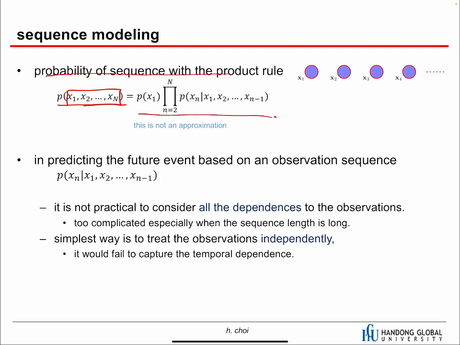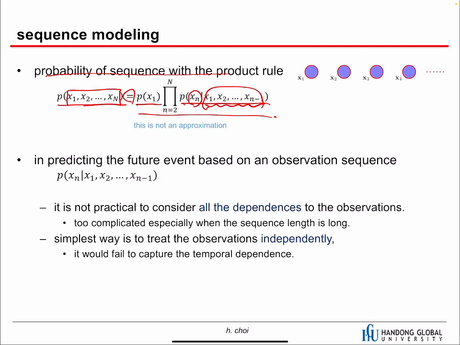This is not an approximation, this is the exact equation. So we have p of x1, because x1 is the first sample, and then we have conditional probabilities, and this one is the probability of xn given the previous history samples. So given all this history, what is the probability of xn? So we apply this product rule.